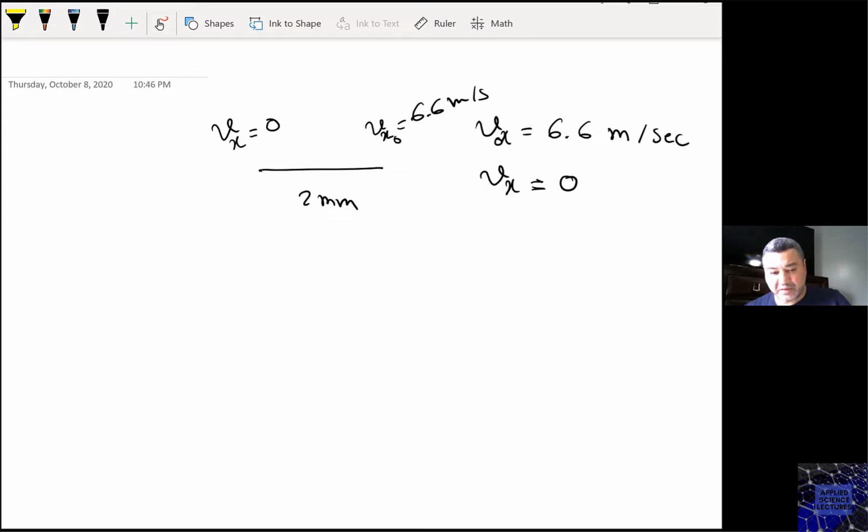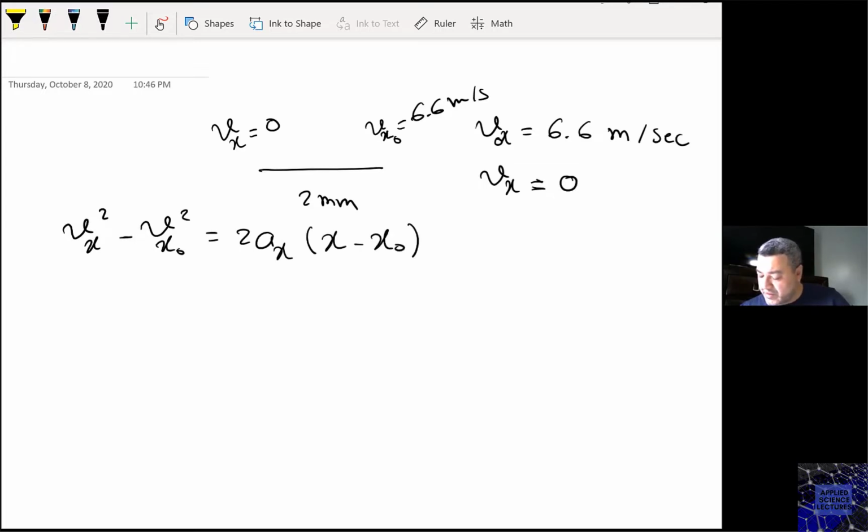So in this case, we can use Vx squared minus Vx naught squared equals 2ax times x minus x naught. So this x minus x naught is 2 millimeter. Unit is a meter.